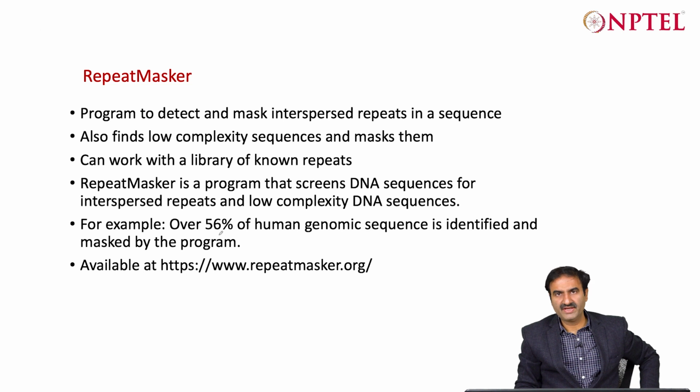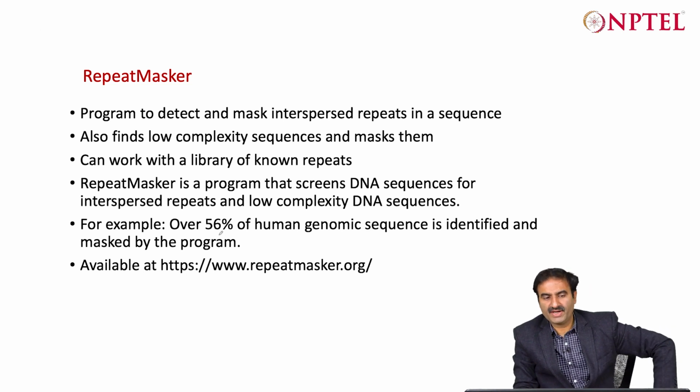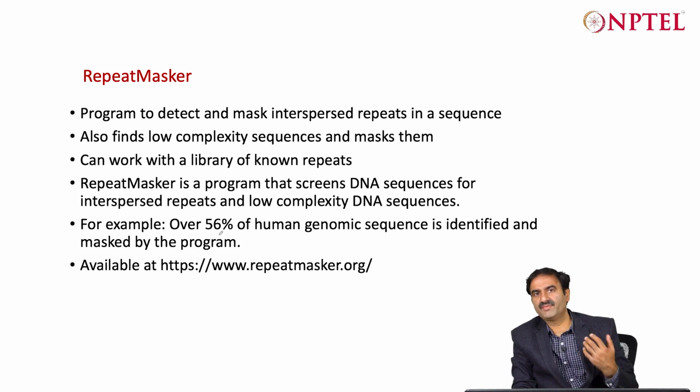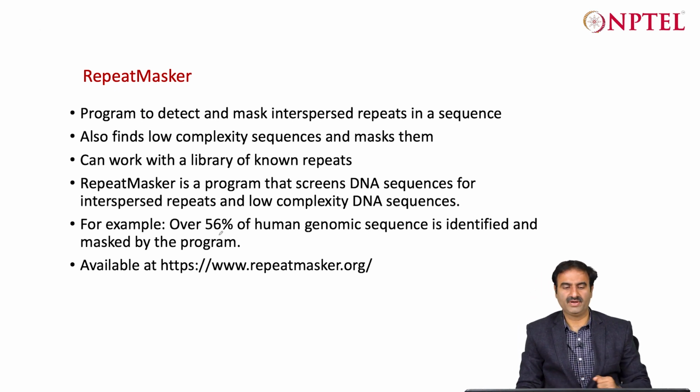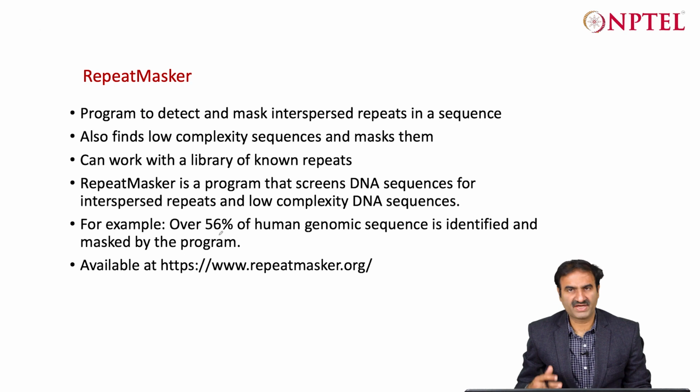So RepeatMasker is a default, important program to first identify the repeats and annotate them. Annotate means what kind of repeat is present, their respective numbers, and composition in the genome, and also to mask that repeat in the sequence so that they don't interfere with further analysis, gene prediction and other annotation objectives that you have.